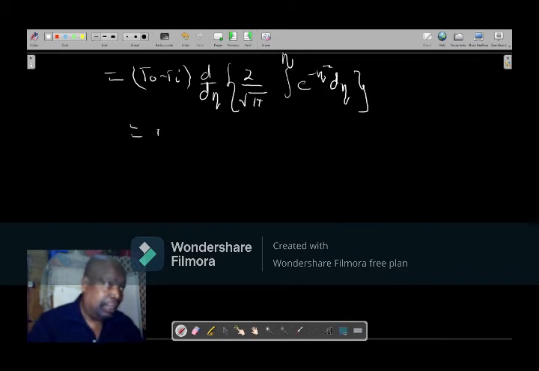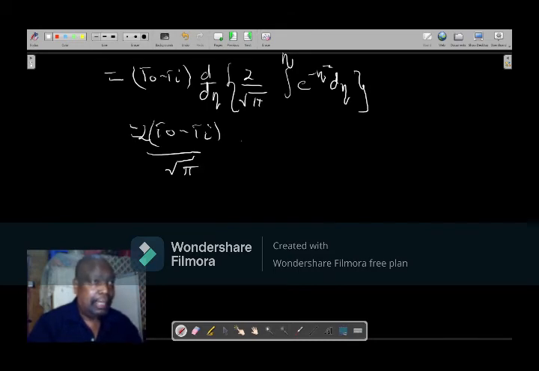So this is the same as (T naught minus Ti) times 2 over root of pi times, differentiating an integral, you just recover the integrand itself. So we recover e minus eta squared, and that is our dT by d eta now.